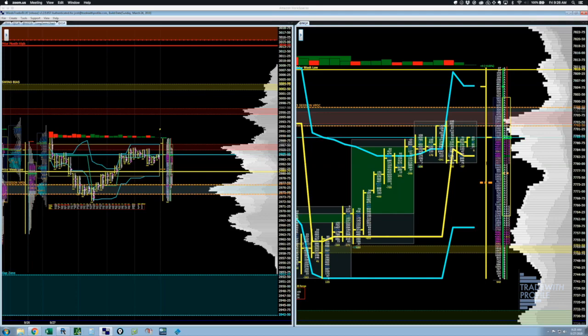And what are they doing? It's going up on thin air, man. Okay, we got 4 minutes left here in our session, but we're going to stick with it just a second to see if we can either get stopped out or get some follow through. We shall see.